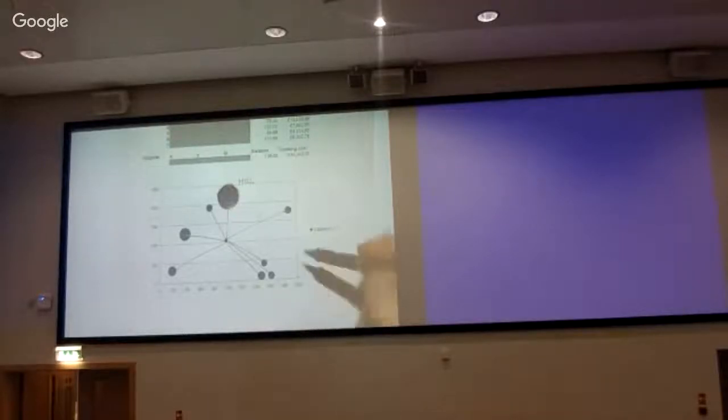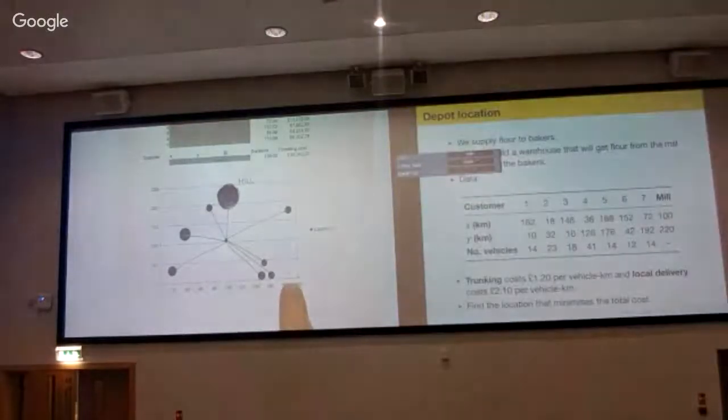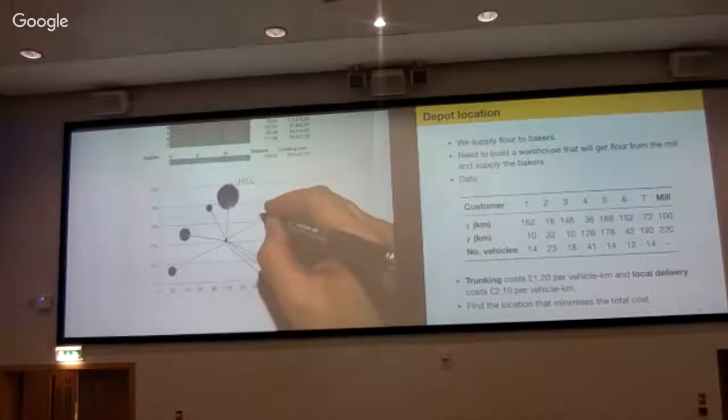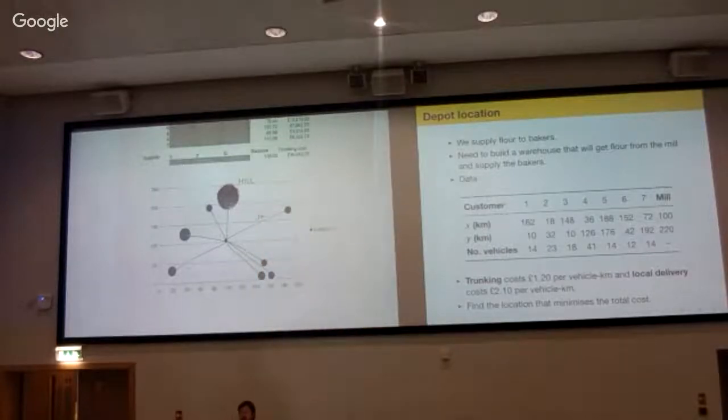Yes, so here we have a customer. Let's try to identify them in the table. What are the coordinates of that one? It's about 190, 170 or something like that. So it's going to be number 5. And that bakery requires 14 vehicle loads per week.